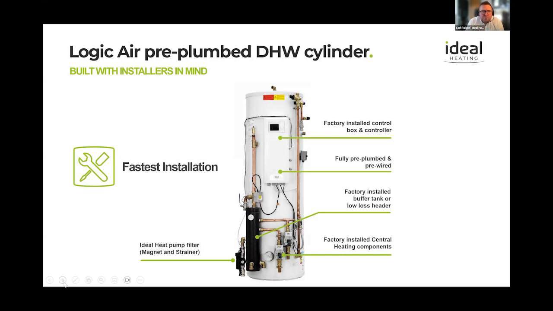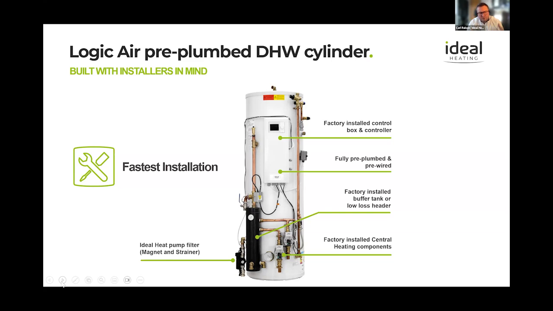Our cylinder range. We've got around 22. I know we've got a couple more coming out soon, but they vary from a standalone naked cylinder right the way through the range with low loss headers and also buffer vessels. They come with single zone, 2 zone. They vary from 150 litre to 300 litres.